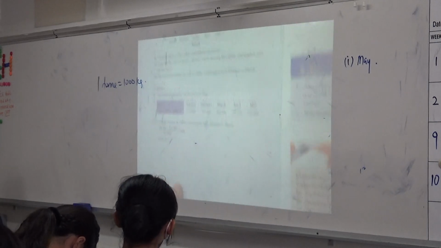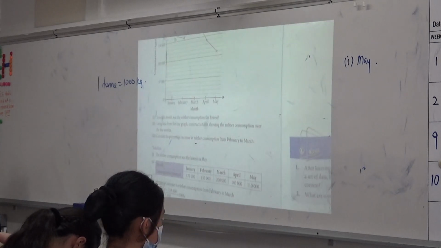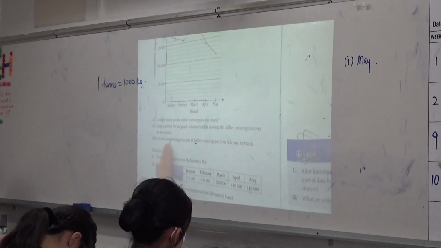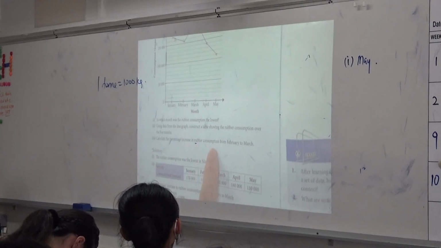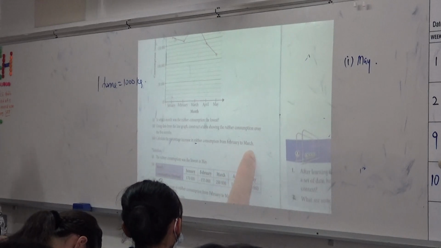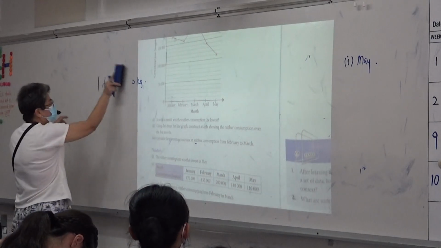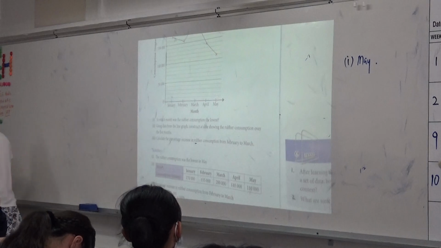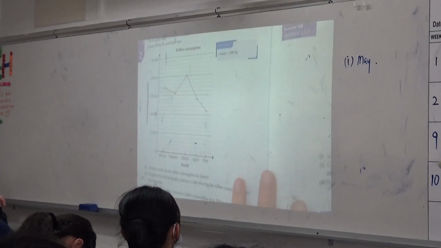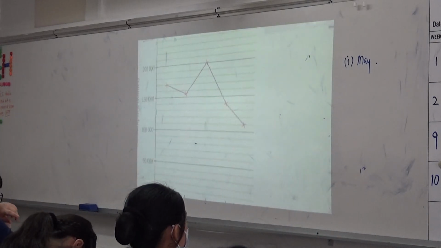Last part, huh? Part C or part 3. Calculate the percentage increase in the rubber consumption from February to March. Okay. February to March.